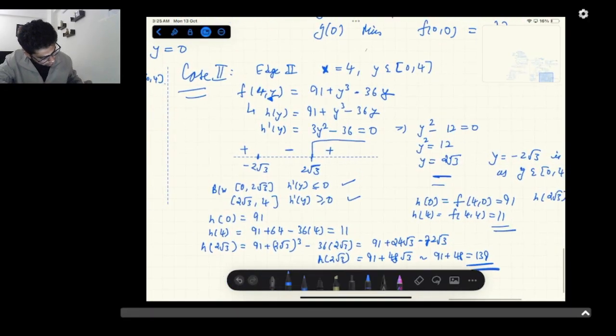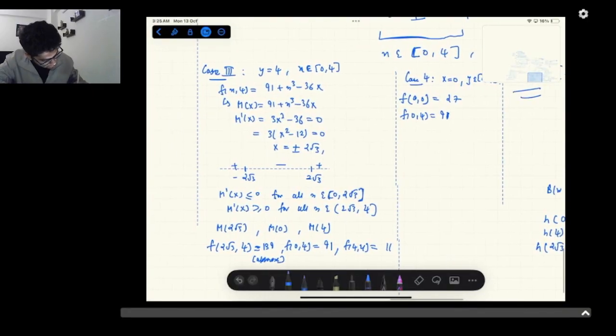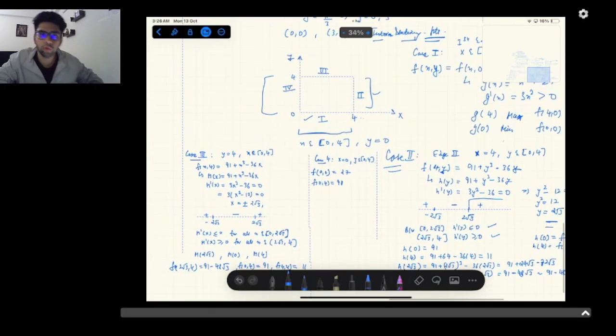So my value here should be negative, so this should have been negative. So I'm so sorry for the error at the end, right?